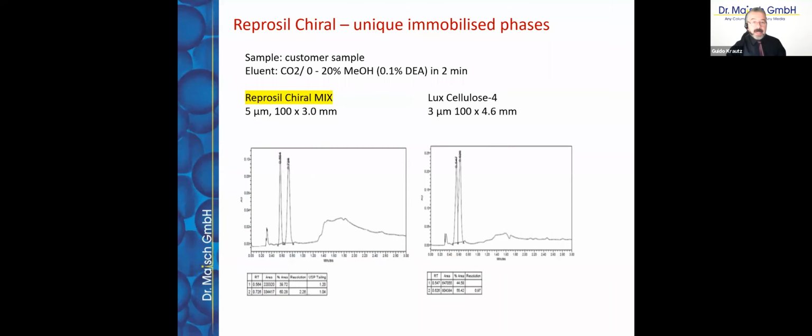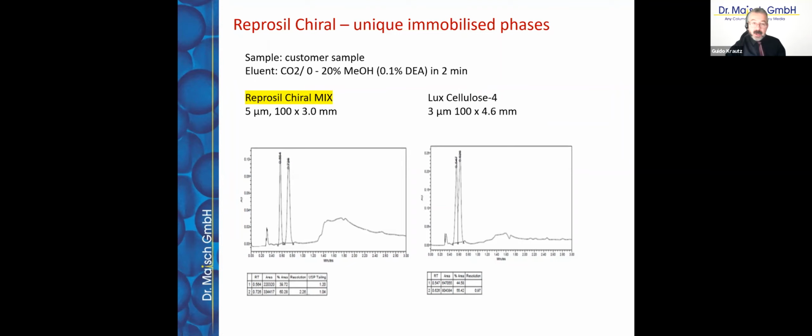So here's now a comparison of the MIX phase, which is the equivalent to the Lux Cellulose 4, but it is the immobilized version of that. The Lux Cellulose 4 is not immobilized. And as you see, even though we compare 5 micron with 3 micron Lux Cellulose 4, we have a better resolution here, even on an immobilized phase.